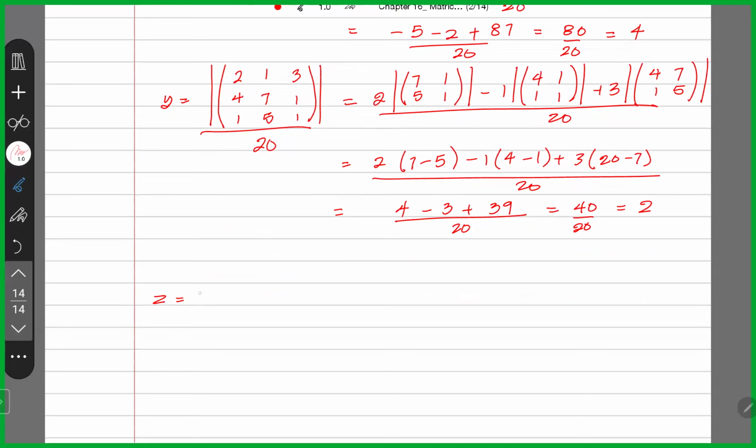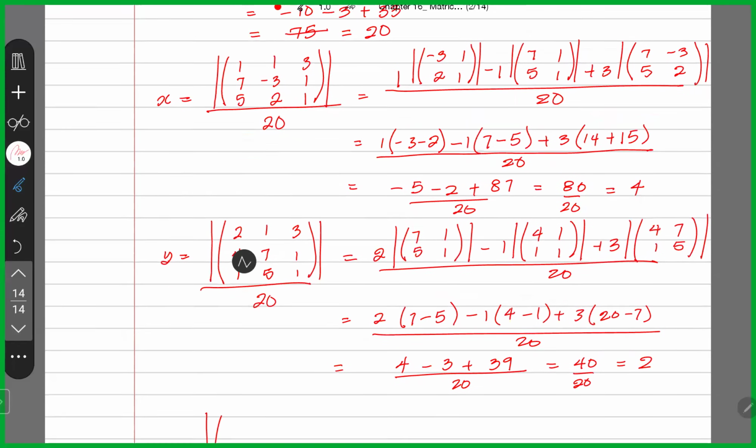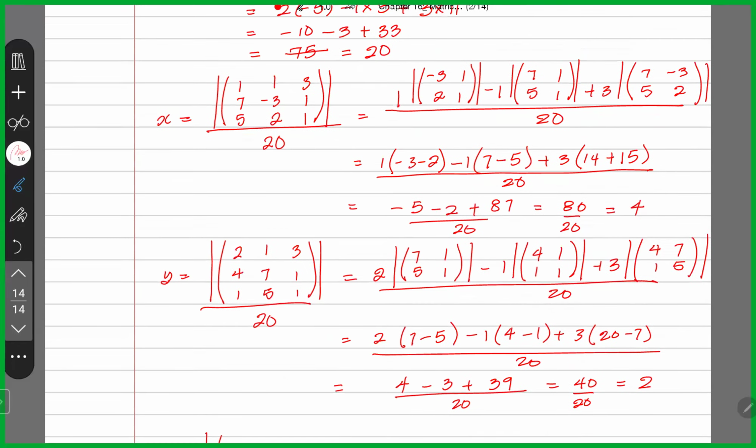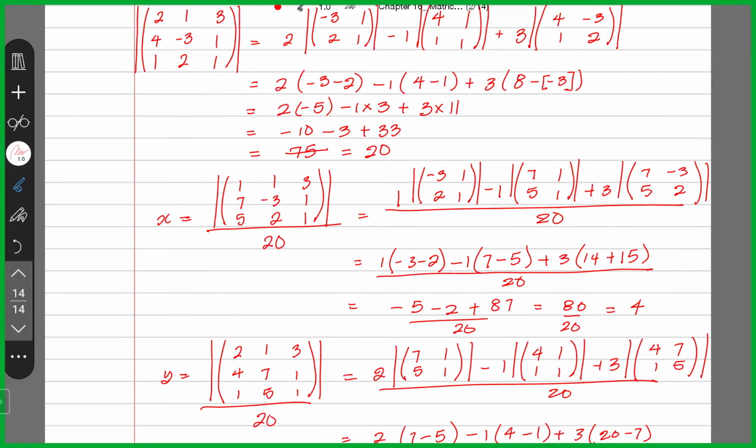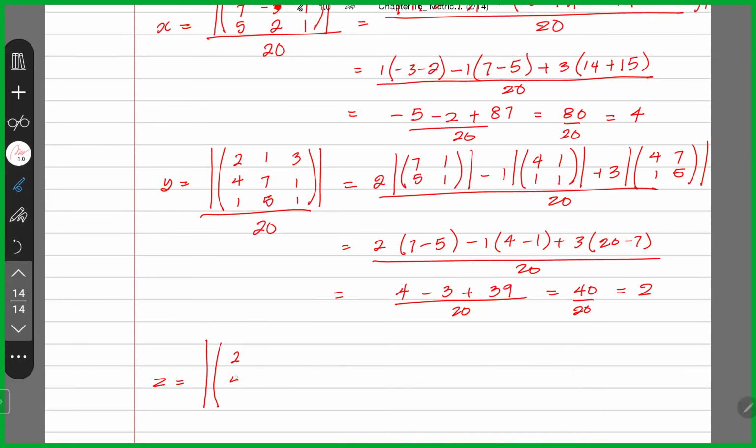Z, we're going to replace the z coefficients with 1, 7, 5: 2, 4, 1, 1, minus 3, 2, and 1, 7, 5.